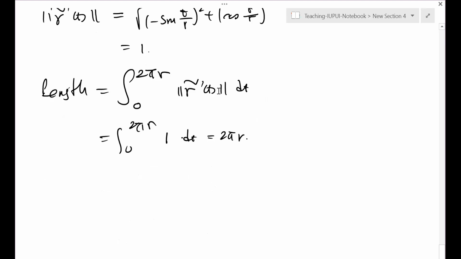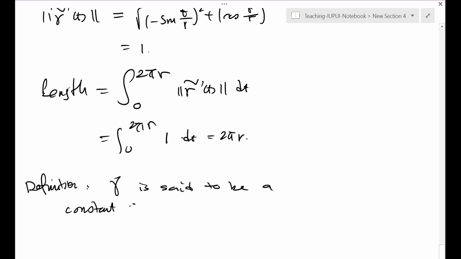All right, so I'm going to introduce a definition. Gamma is said to be a constant speed parametrized curve.